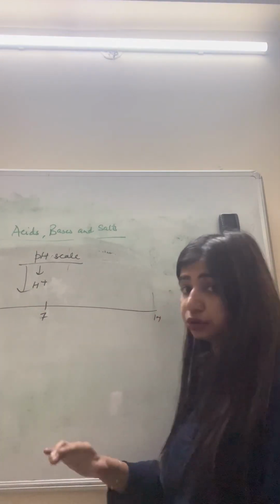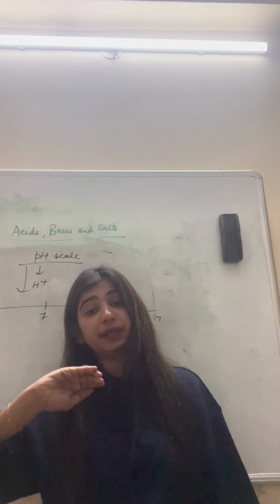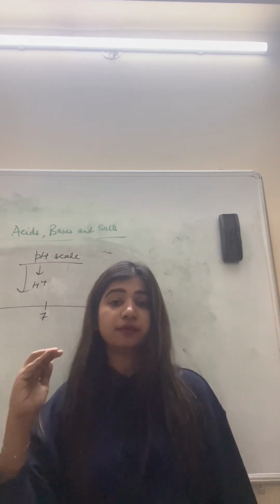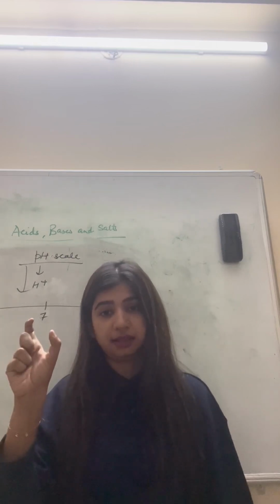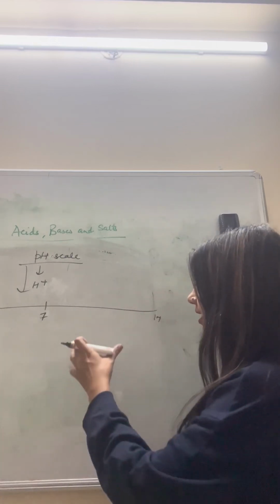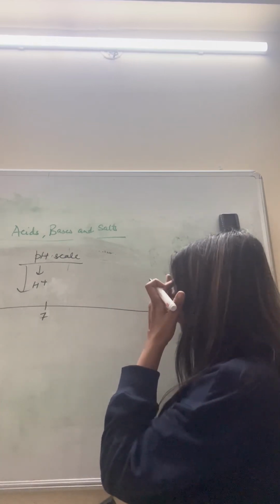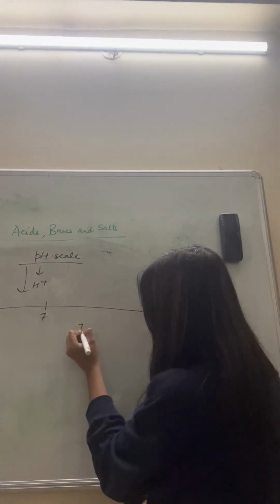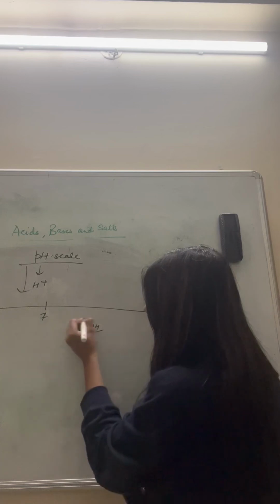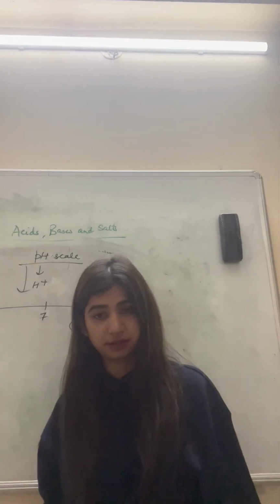Any solution which has pH of less than 7, we can say that the solution is acidic. And if the solution has pH of more than 7, lying between 7 to 14, then we will say that the solution is basic.